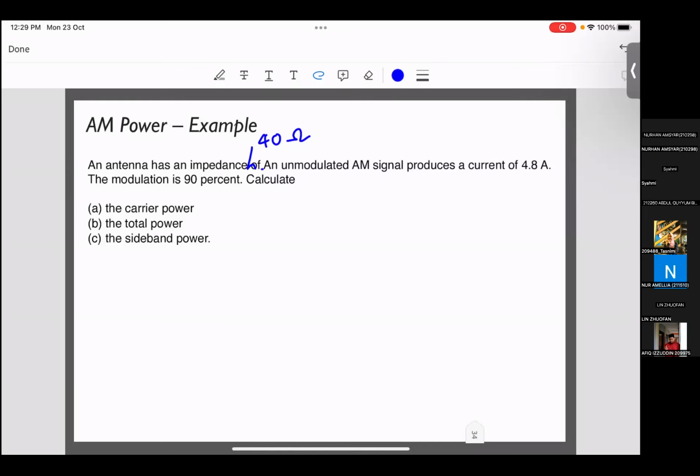So this is actually a simple level question. For your exam, you can expect a more complex question where you have parts D, E, F for one question. So it's going to be a lot of parameters, and from the scenario, you will have to find out all these things.